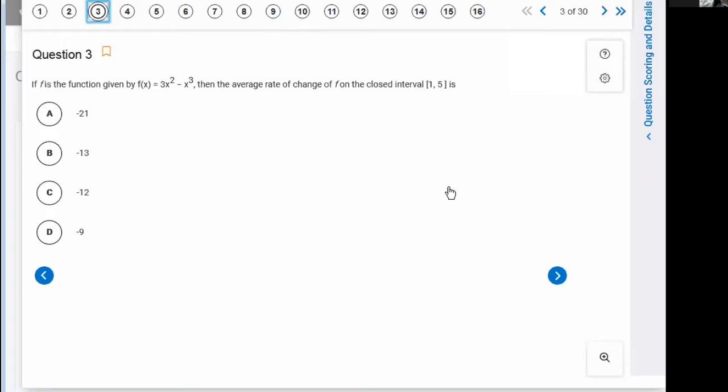Average rate of change is literally slope. It's just slope, except it's slope from algebra 1. If I give you a graph and ask what is the average rate of change between point A and point B, isn't that just slope?